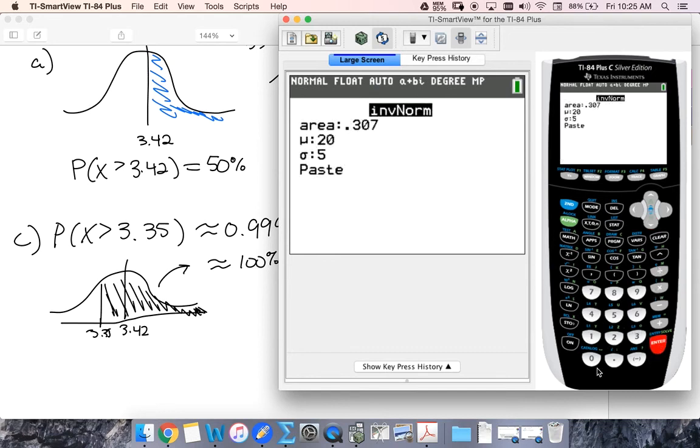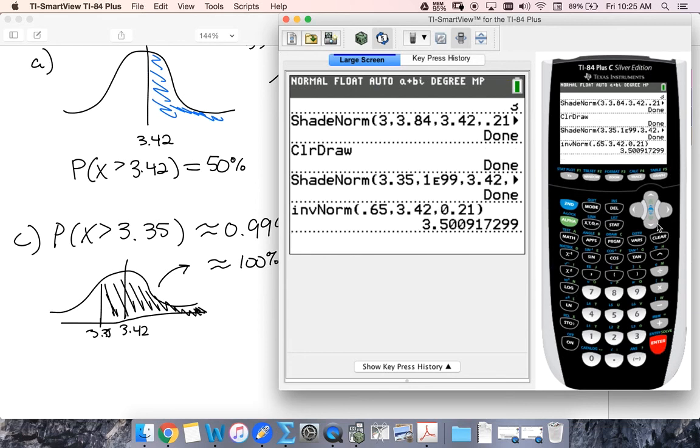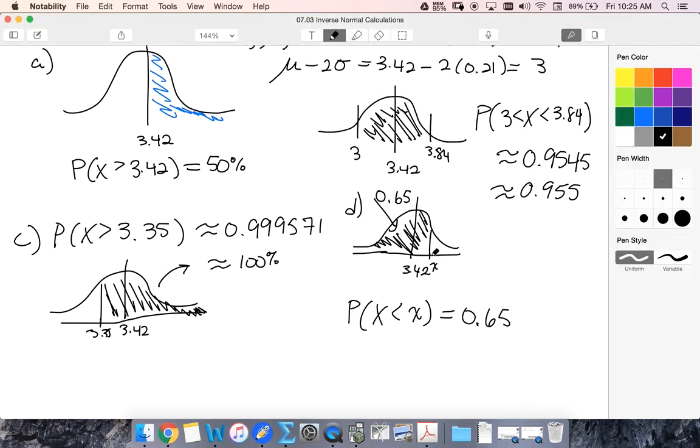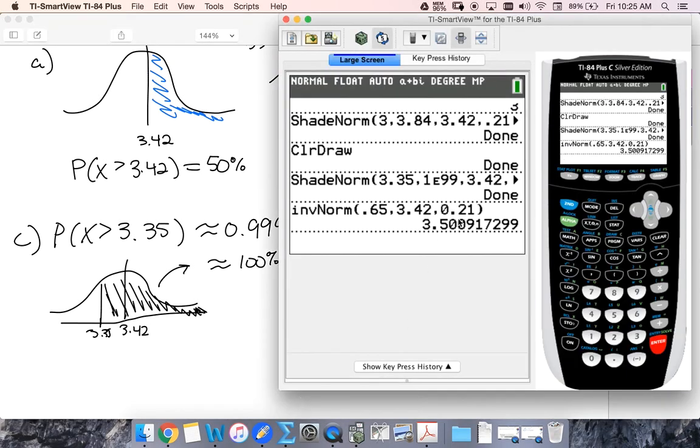Inverse norm, all right, so my area is 0.65, 3.42 is the mean, and 0.21 is the standard deviation, and we get our value of 3.5, which is to the right like we thought. If we round to 3 significant figures, it's 3.50, because rounding the 0 keeps it a 0.